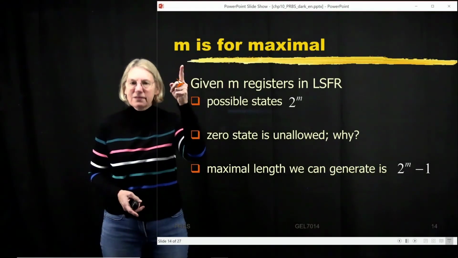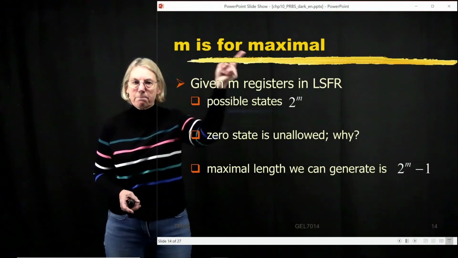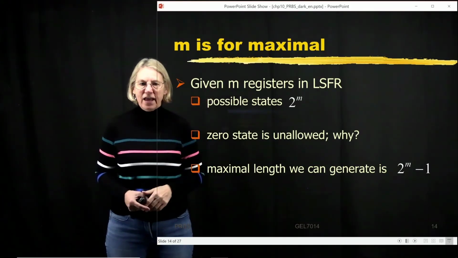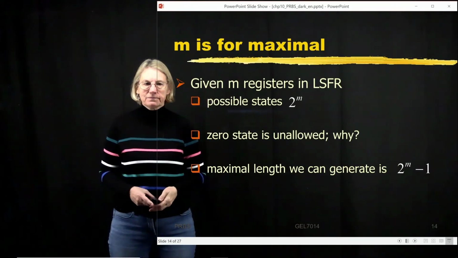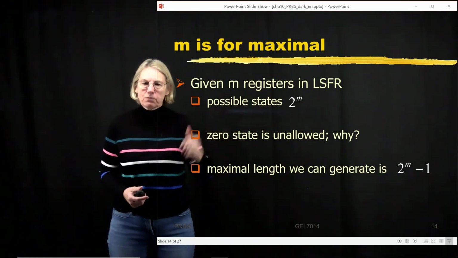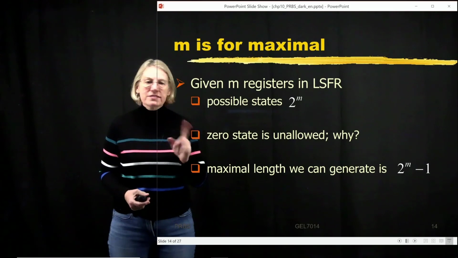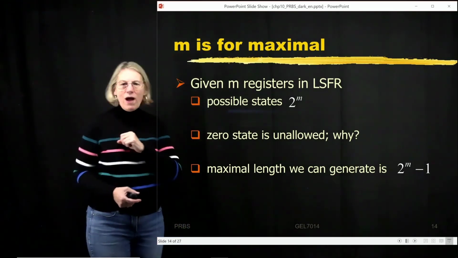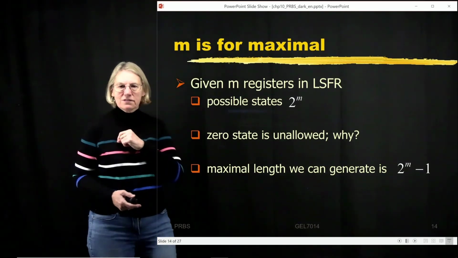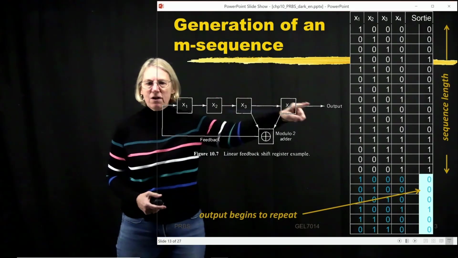M sequence, M is for maximal length. Given M registers in a linear feedback shift register, there are 2 to the M possible states. 0 is not an allowed state. Why would I not want a 0 state in my shift register? What happens if I put a 0 in here?